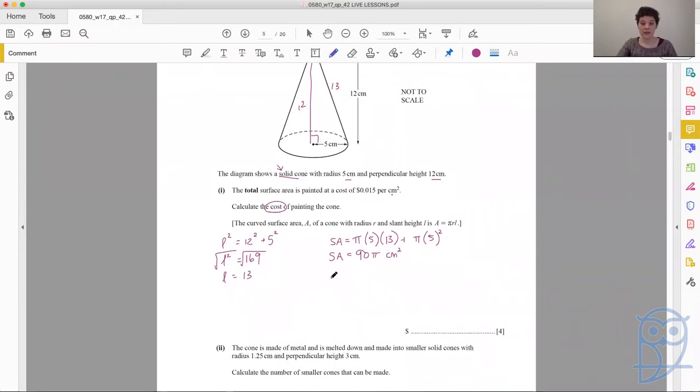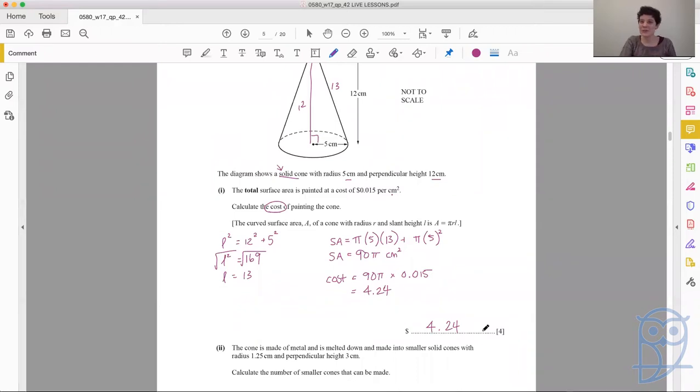So the cost equals all of those centimeters squared times the cost per centimeter squared, which gives us a total of 4.24. So $4.24 is the total cost for painting that cone.